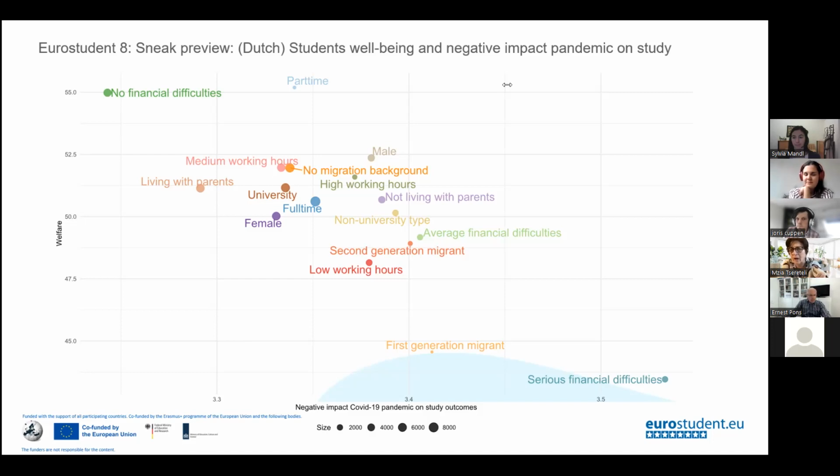I mean, R or maybe Excel? Yeah, all the graphs were made with R. But for the analysis, I used SPSS as well. So both. Yeah, the EUROSTUDENT 7 scientific use files are available in SPSS and Stata format.